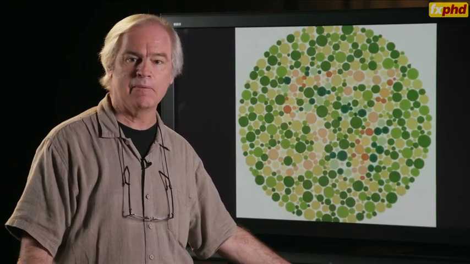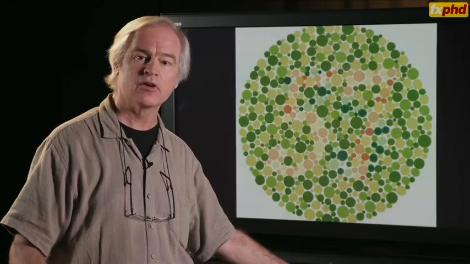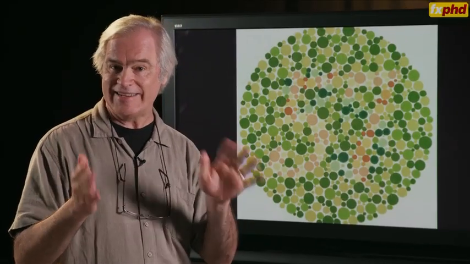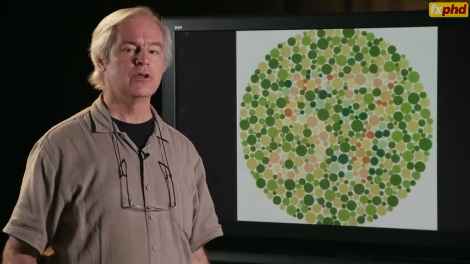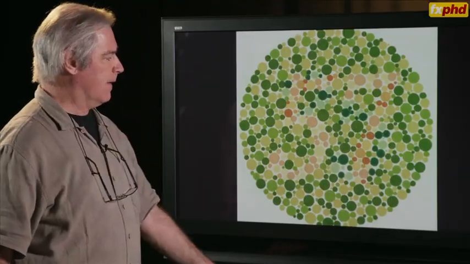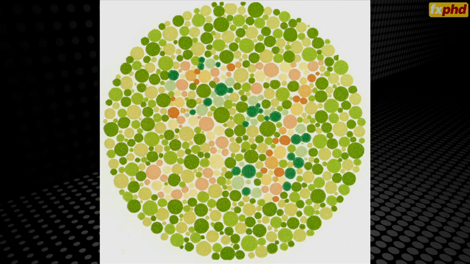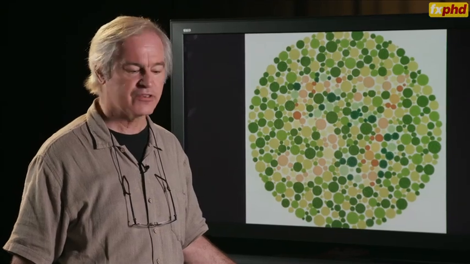I'd like to pick up on an important color science topic, just as a little addendum to the previous talk on color science. This is a representation of a standard color blindness screening test called the Ishihara test.